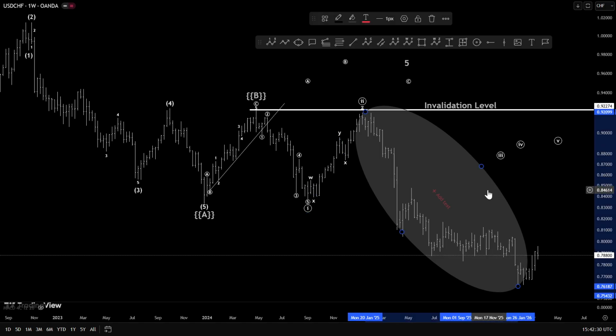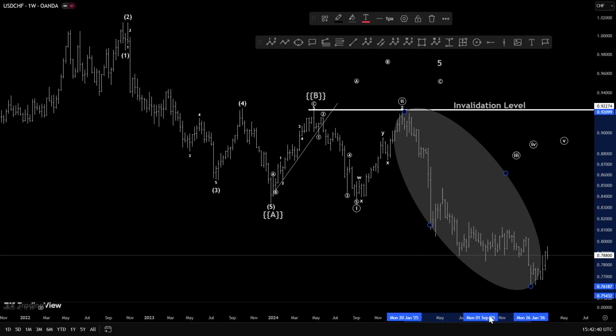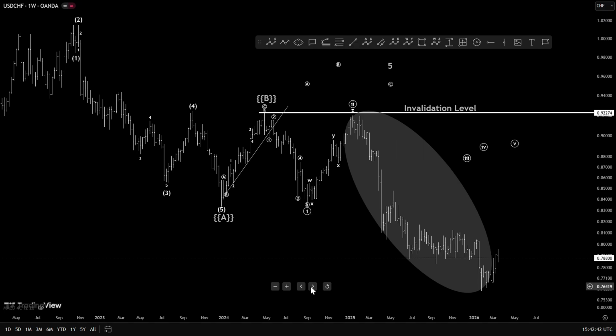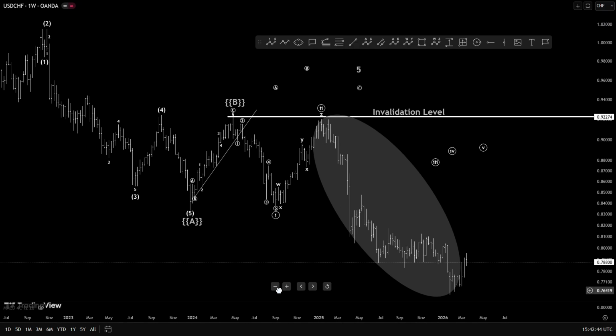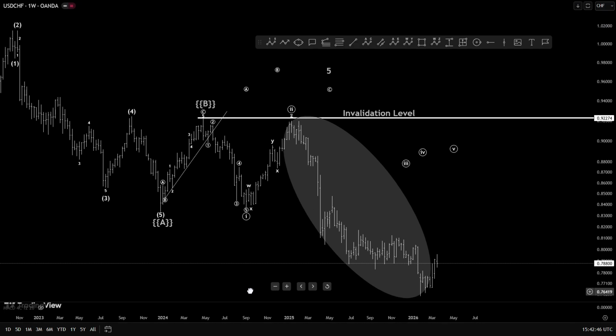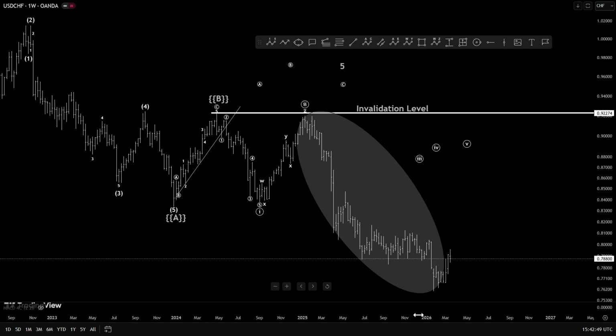is forming something called a diagonal pattern. All of this structure is forming a diagonal pattern. But let's see, right? Let's see by ourselves. You know, let's see what we have in there. Then we decide, okay, this is a diagonal and this is not a diagonal.